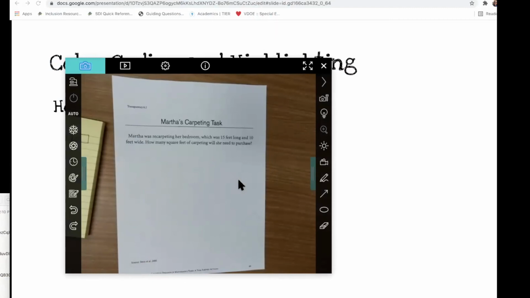So we're going to just do some highlighting real quick. What do we know inside of our problem? I don't have highlighters, but I have some color coding that we could do. So what do I know inside my problem? Oh, I need a red. We'll just use this one.